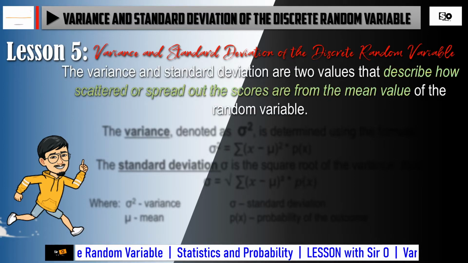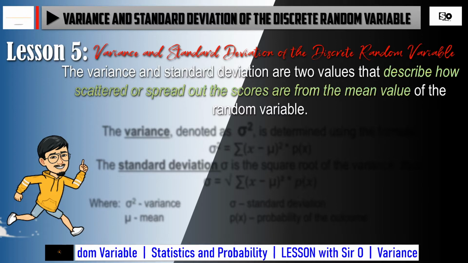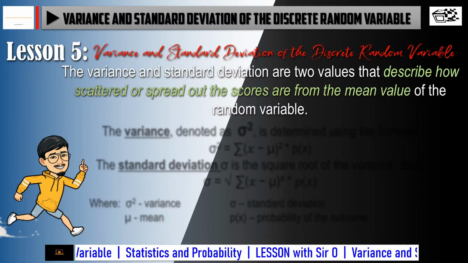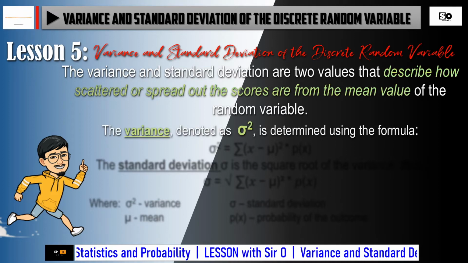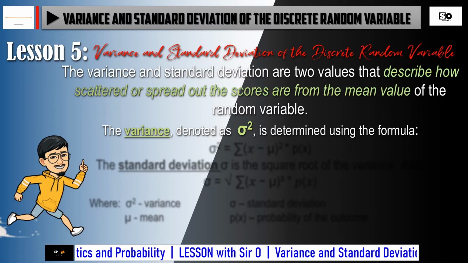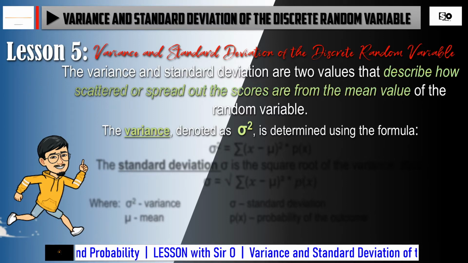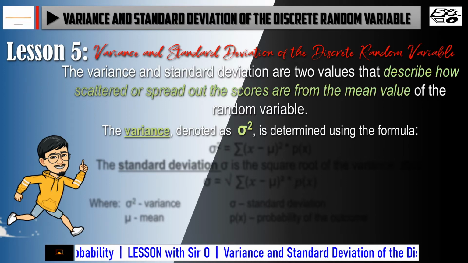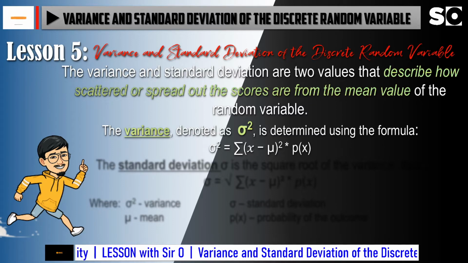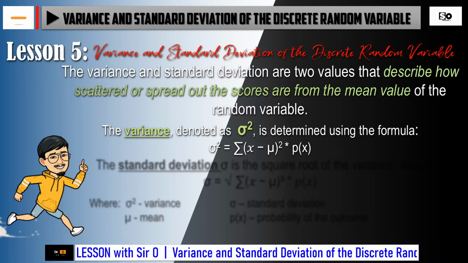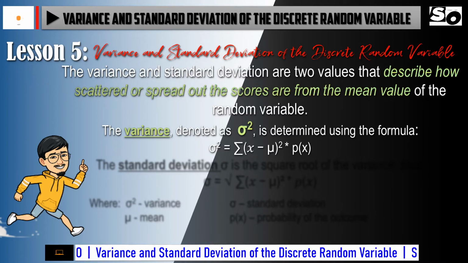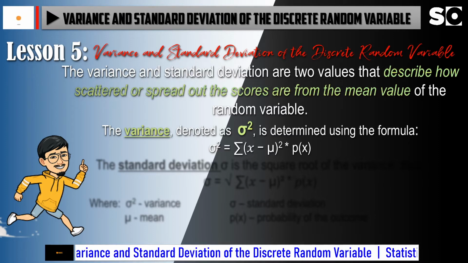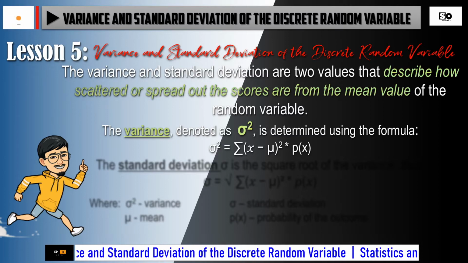The variance and standard deviation are two values that describe how scattered or spread out the scores are from the mean value of the random variable. The variance, denoted as sigma squared, is determined using the formula: variance is equal to the summation of the quantity x minus mu, or the mean, squared, multiplied by P of x.